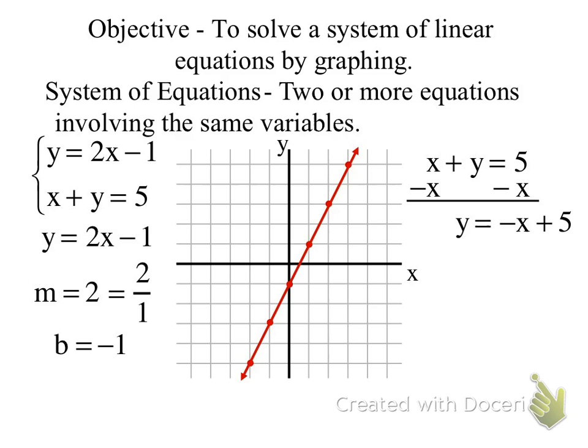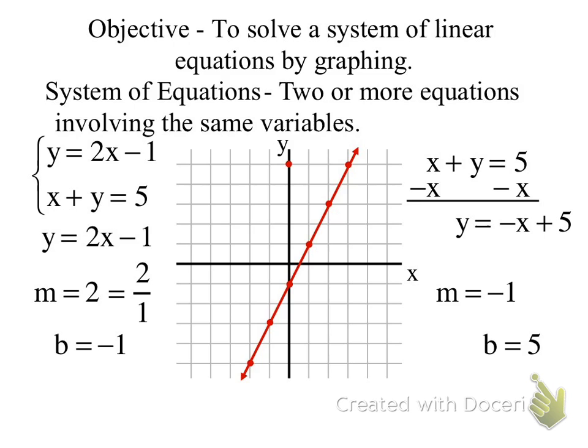What am I going to call those? One more time, say it with the variables. m equals -1 over 1, and b equals 5. Okay, starting point? The starting point would be 5, on the y-axis.